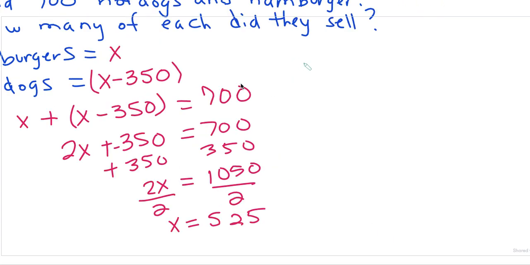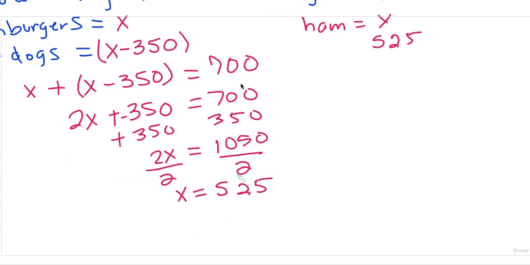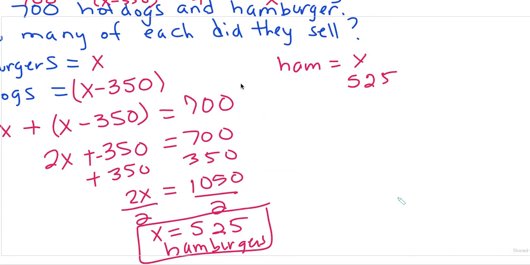So now we know that hamburgers equals x, so that equals 525 hamburgers. Now we need to find our hot dogs. So we actually don't have to rewrite this because we labeled it down there. We can go ahead and just solve for hot dogs.